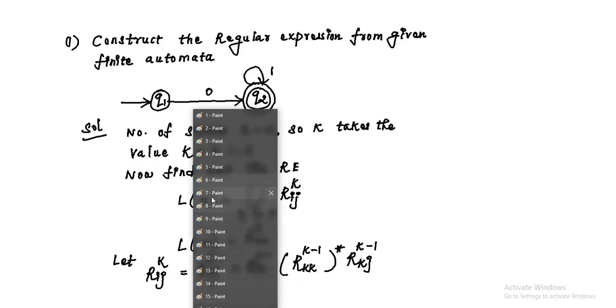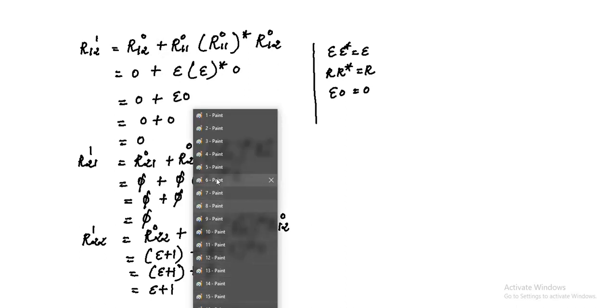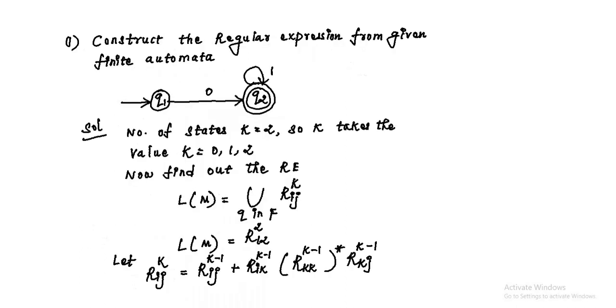Coming to the combination R12 raised to the power 1, here i value is 1, j value is 2. First one, Rij raised to the power k minus 1, that is R base 1, 2 raised to the power 0, plus next one is Rik.